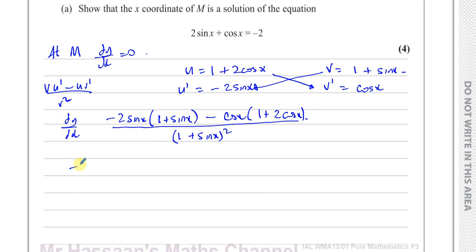So this is minus 2 sine x and minus 2 sine squared x, and you have minus cosine x and minus 2 cosine squared x.